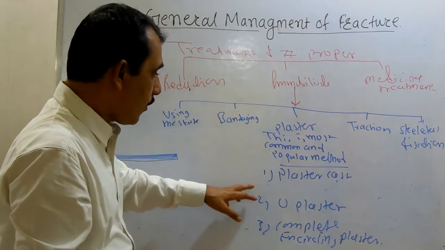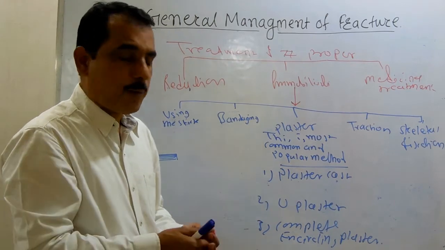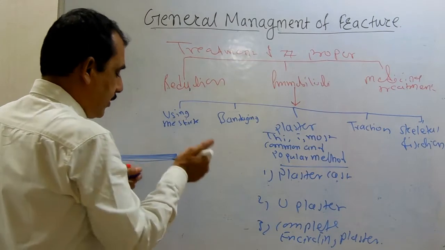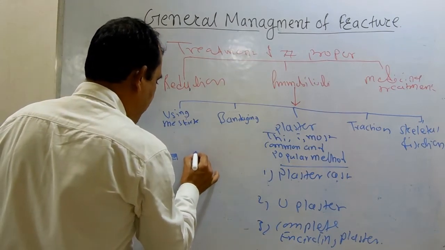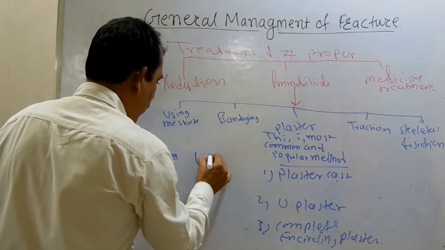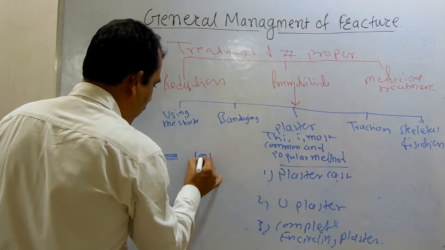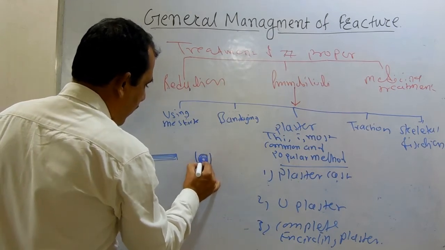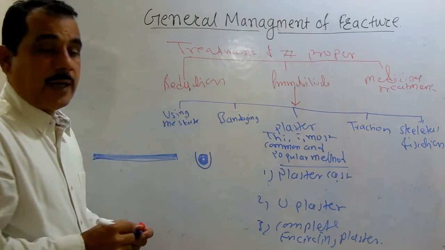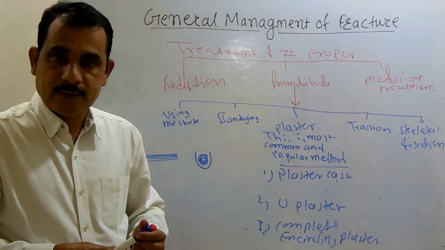Then next, the U-shaped plaster. U-shaped plaster means the plaster which is on three sides, and one side is kept open. That is called U-shaped plaster.